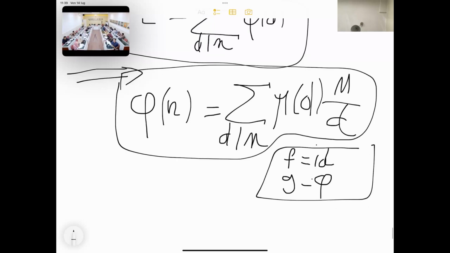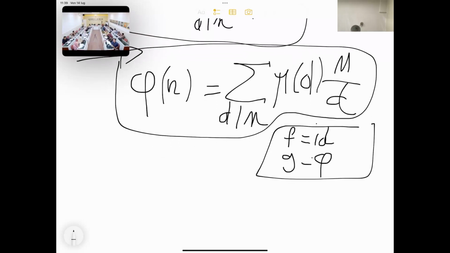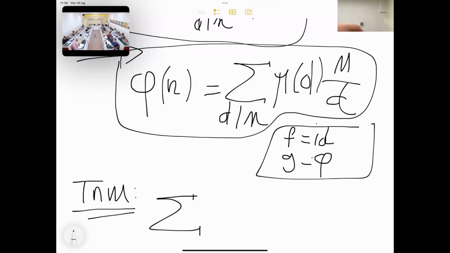From this identity, along the ideas of the Dirichlet hyperbola method, there is another formula which I'm sure you will like. Theorem: we're not going to prove this, but the proof is very similar to the one above.